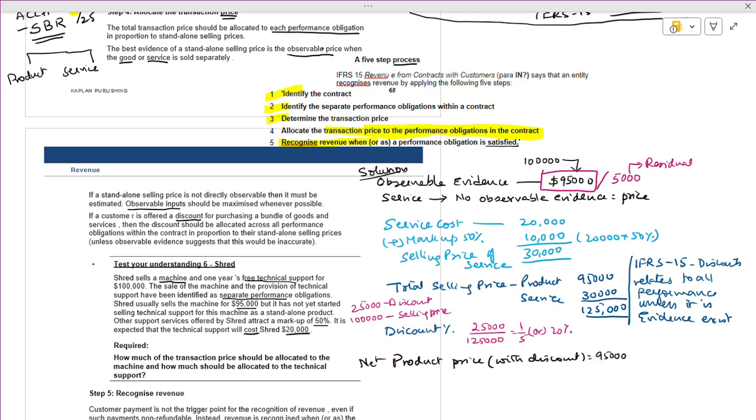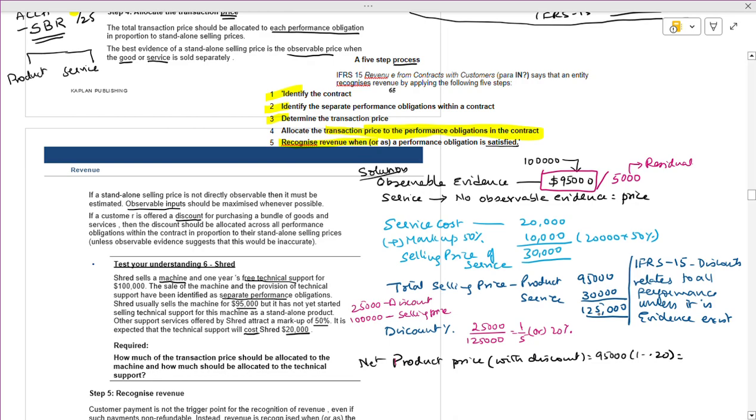Discount is how much? 20%. 95,000 into 1 minus 20%, 1 minus 0.2, 20% discount.